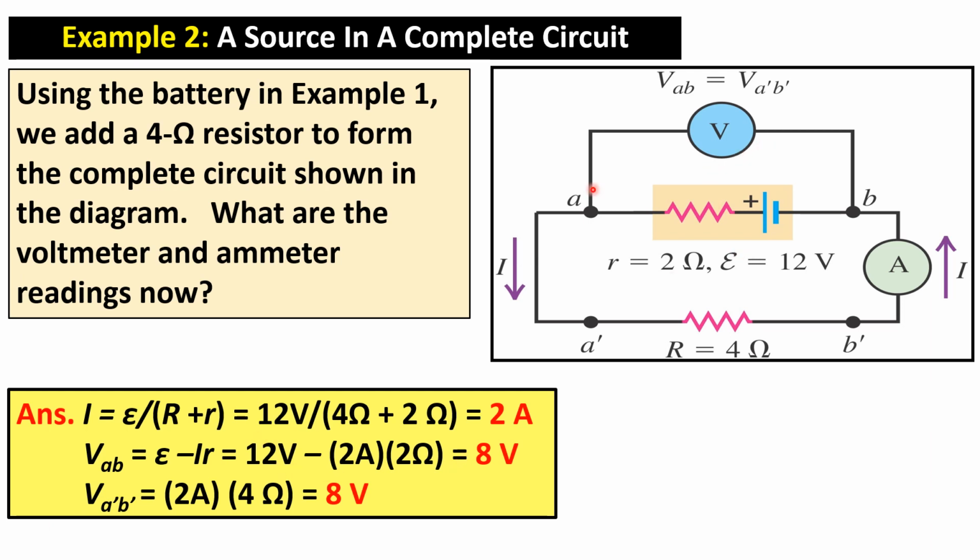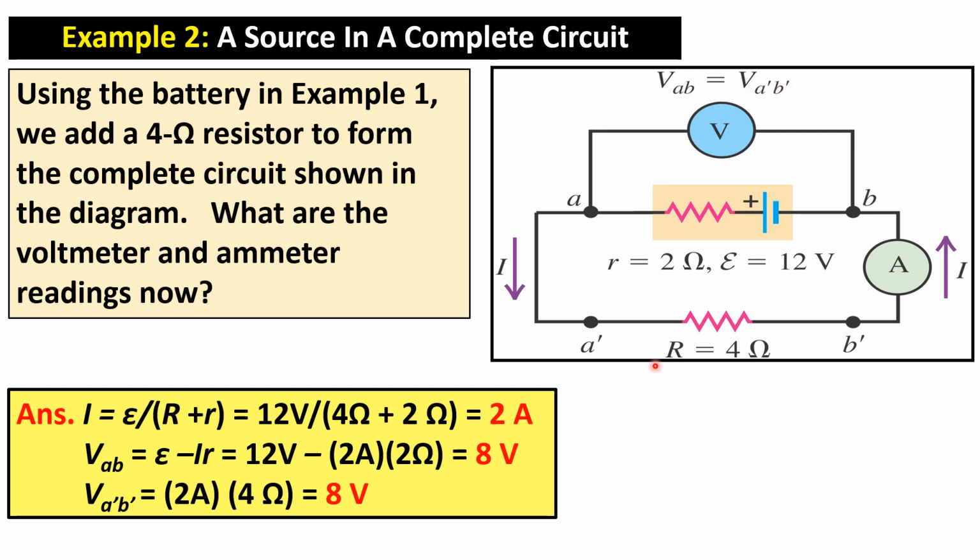Now, how about the voltage as measured by the voltmeter? We refer to that as the voltage across point A and point B, which incidentally is also equal to the voltage across the big R, or the voltage across points A prime and B prime. So label the equality of the two voltages: V sub AB is equal to V sub A prime B prime.